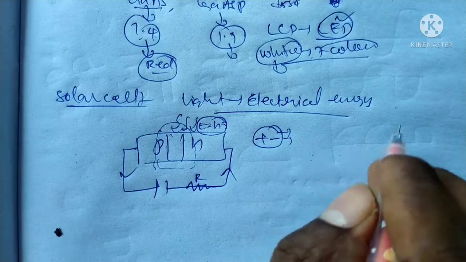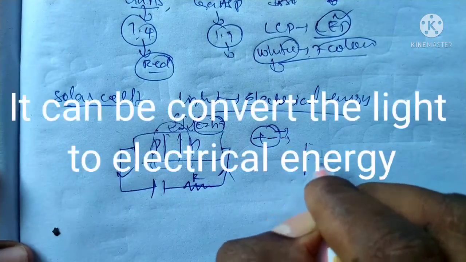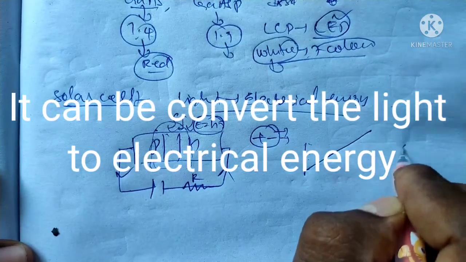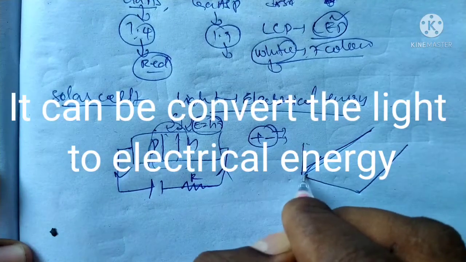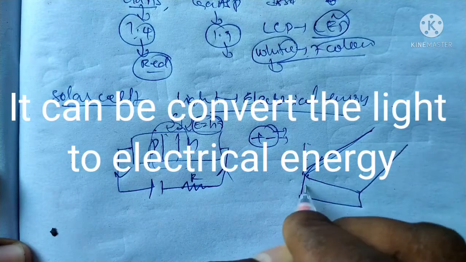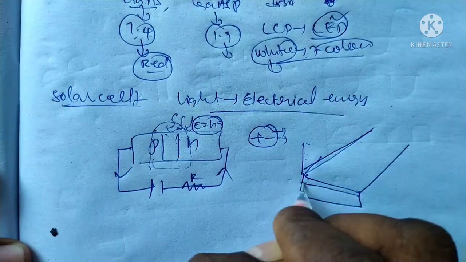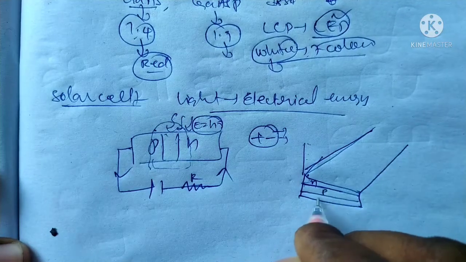Also, the simple diagram of a p-n junction diode is like this. The p-n junction layer, it is n type, and that is p type.